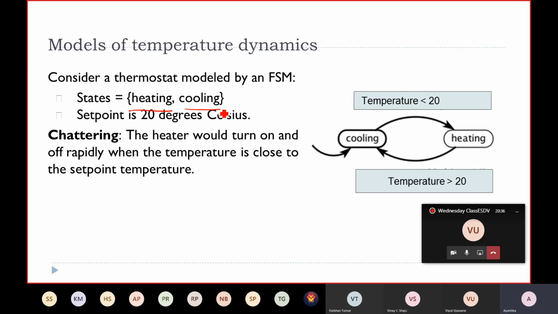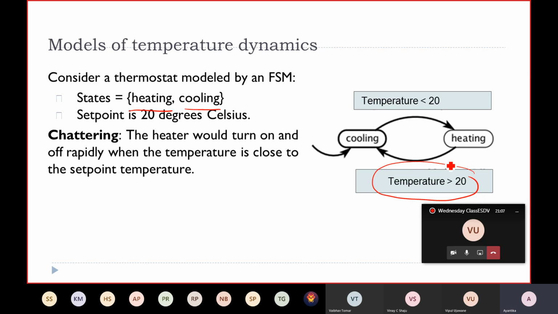And based on the set point, what will be your transition? If the temperature is less than 20, then we are considering that the heating mode will be on, and the thermostat will make a transition to go to the heating state. If the temperature is reversed, like temperature is greater than 20, then it will come to the cooling state.